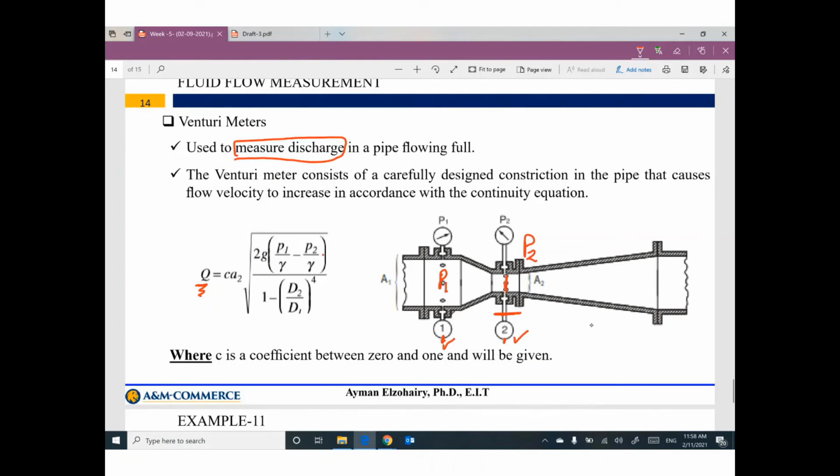Using this equation will help you to figure out the discharge directly by the Venturi meter. The Venturi meter will help you to measure the pressure at section number 1 and section number 2, and the diameter is known, so I can figure out the value. We have a constant here, C. C is a coefficient between 0 and 1 and will be given in the problem based on the used device.